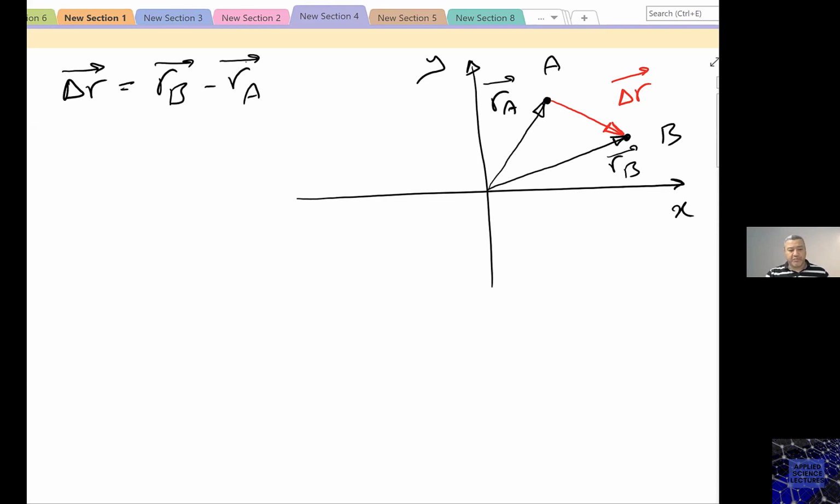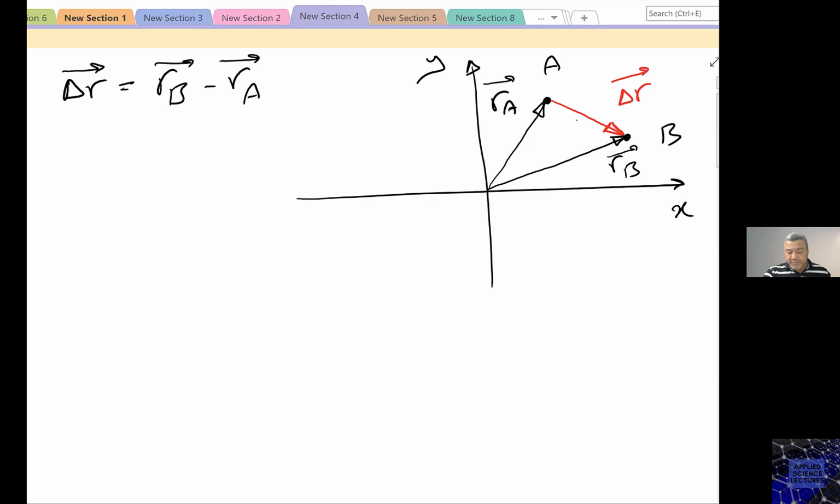This is how we define the change in the displacement. But we have seen in the last lecture that in order to add or subtract vectors mathematically, we have to deal with their projections.